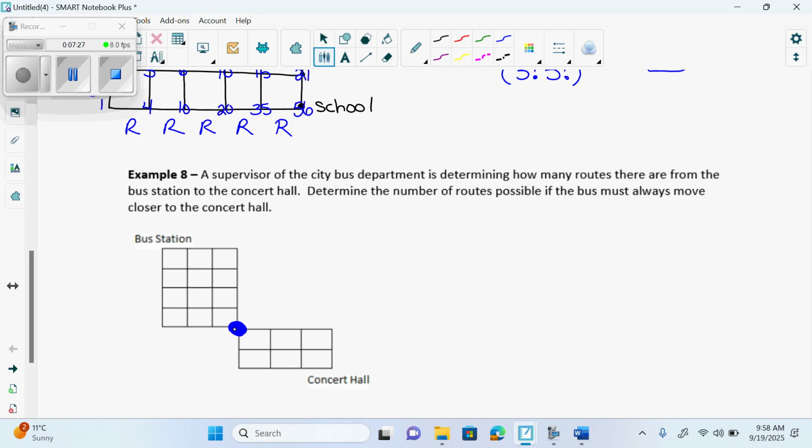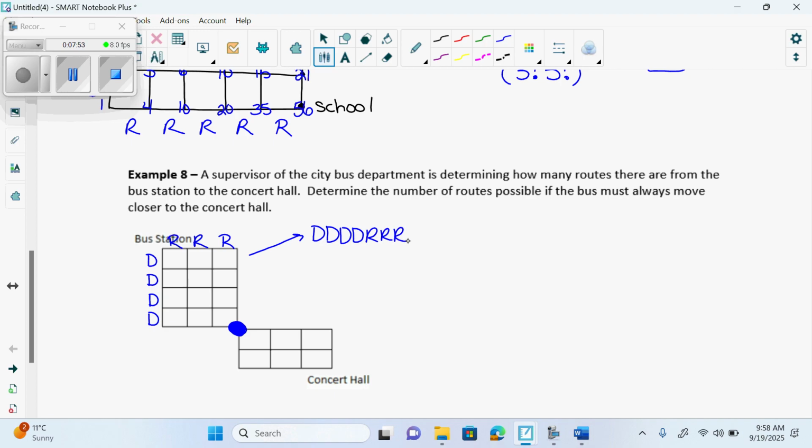Okay, let's pay attention. So if I do this pathway, I have now a down, down, down, down. Yes? And a right, right, right. So for this pathway, I have 4 downs and 3 rights, right?